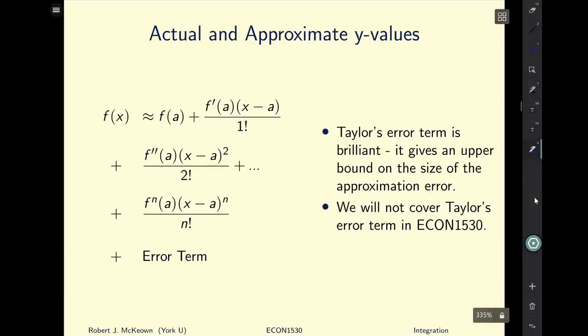Now, you can look in the textbook, and you can see that the derivation is a couple pages long. I'm not going to cover it. We are not going to cover it in Econ 1530. It doesn't come up that often. I've never had to solve for this error term when I'm doing my research in economics. But I want you to be aware that it exists.